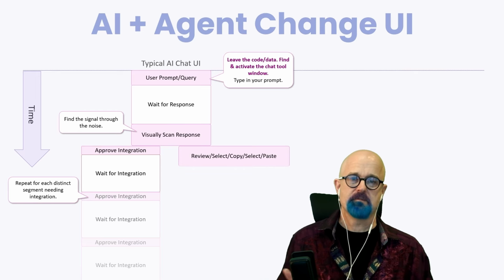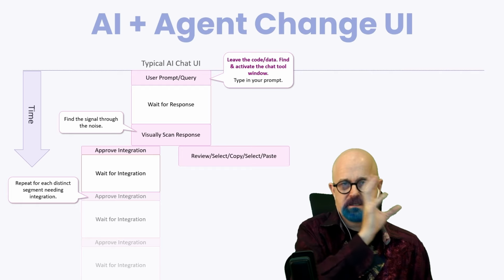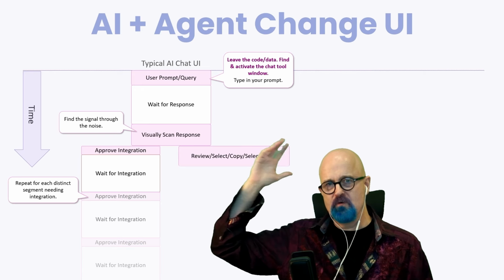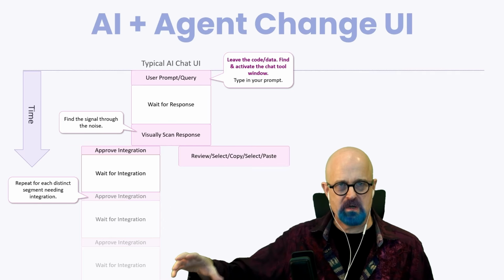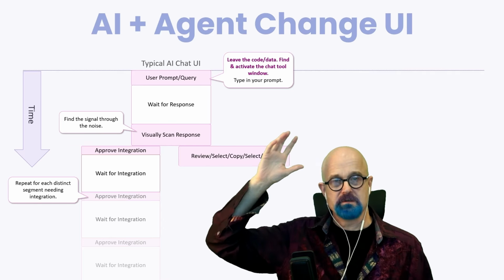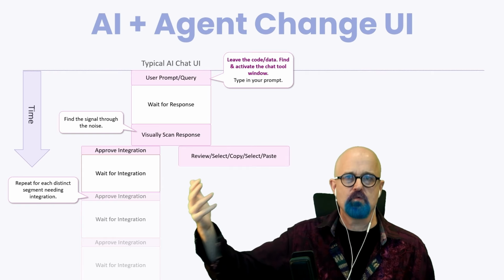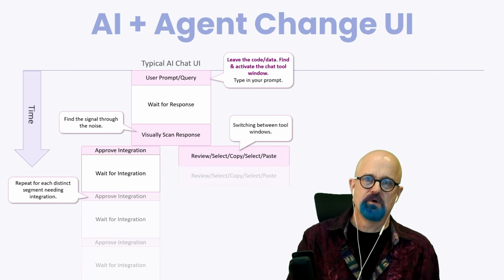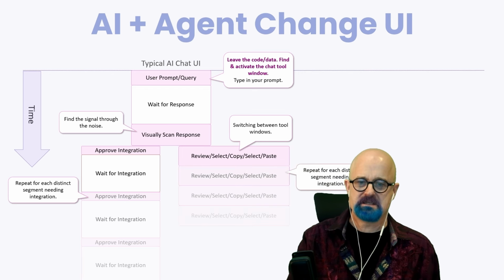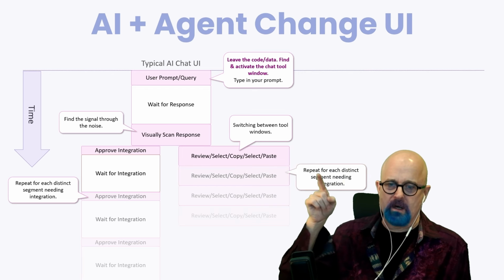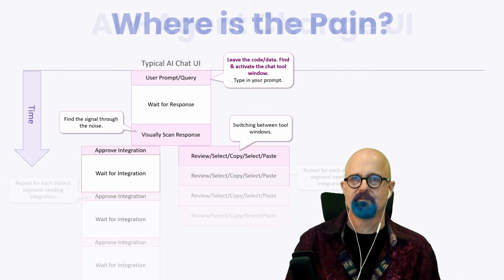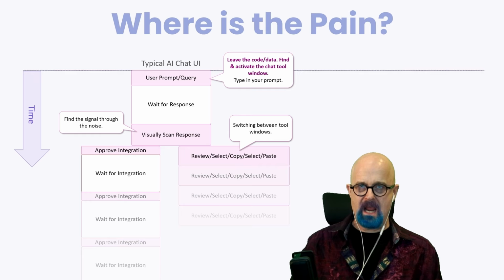We might also simply review manually, select the code we need or select the data we need, copy that to the clipboard, move back over into our application where the data is, and we'll select or position the cursor there and we'll paste that in. And again, if there are multiple of these segments that need integration, we're going to repeat that for each distinct segment needing integration. So where's the pain?